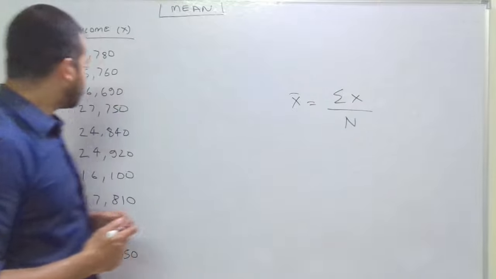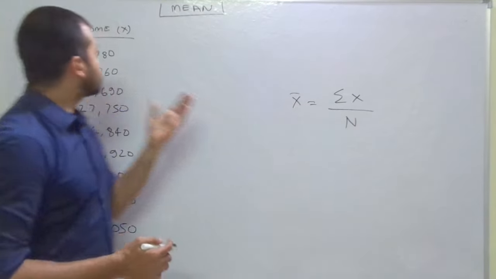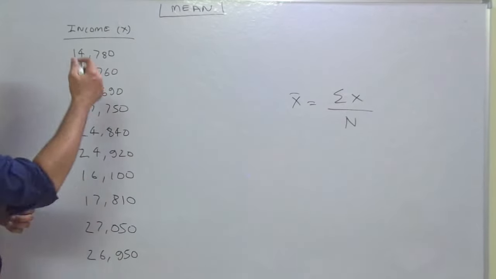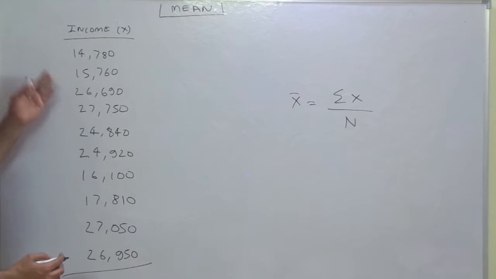So here it means summation x. This is the column of x. You have to total all these numbers.